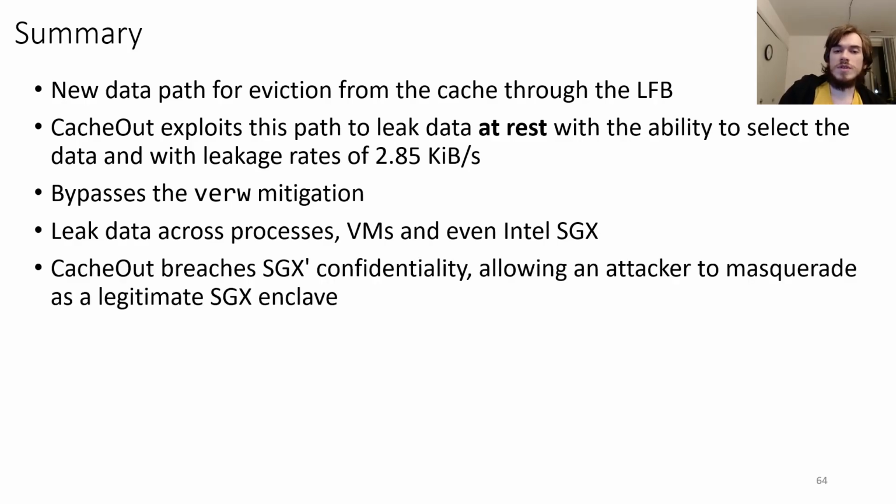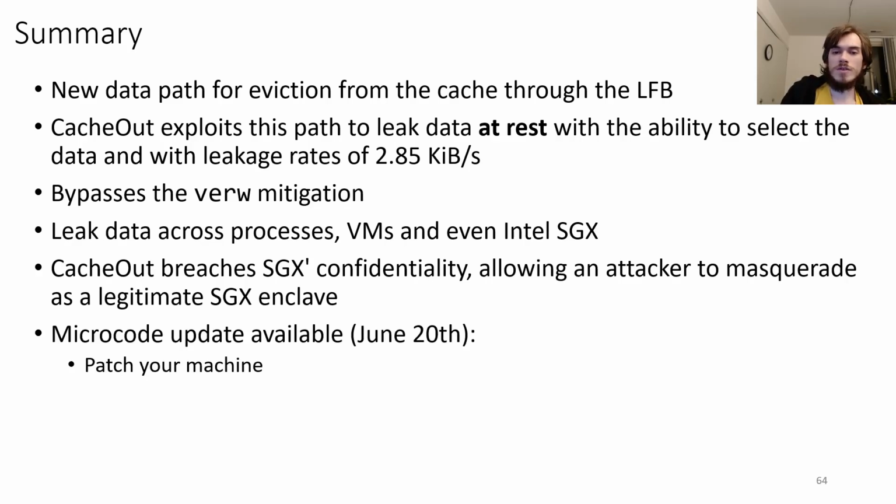But more importantly, what we showed is that CacheOut breaches SGX's confidentiality. It allows an attacker to masquerade as a legitimate SGX enclave. So how do you fix this? There's a microcode update that's available since June 20th, so patch your machine and make sure you don't trust any keys that have been issued before that.